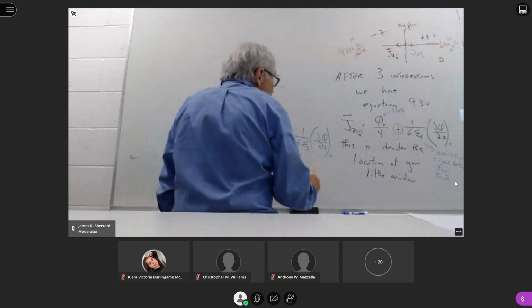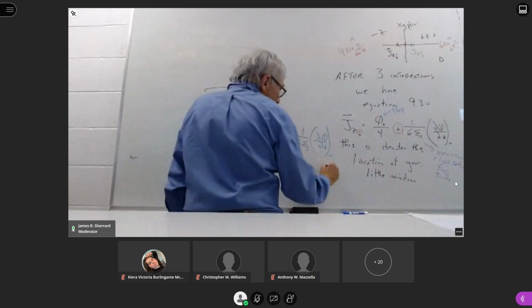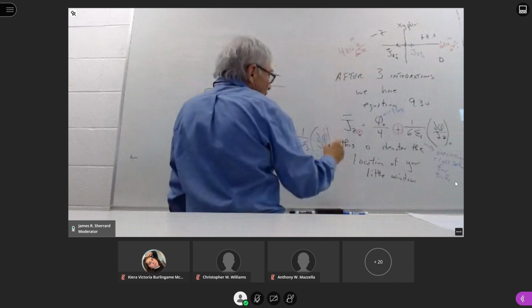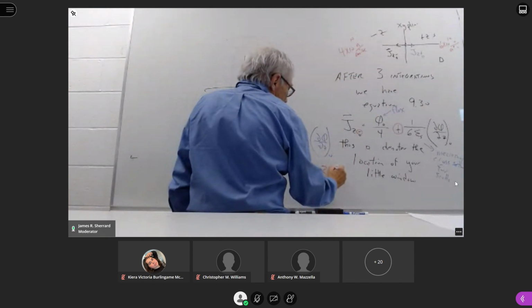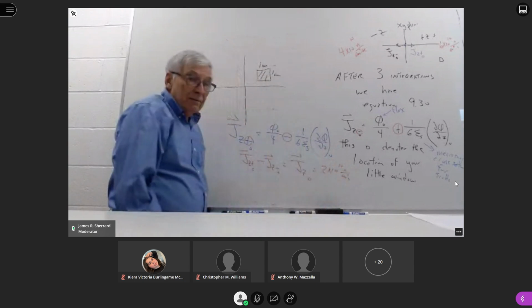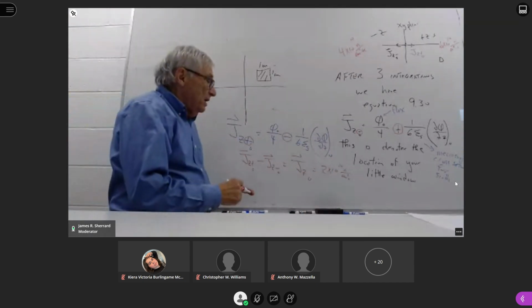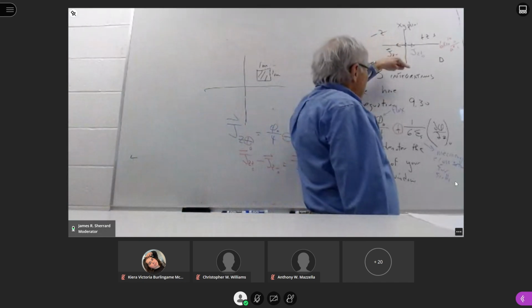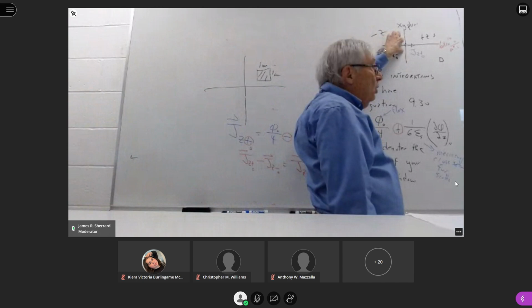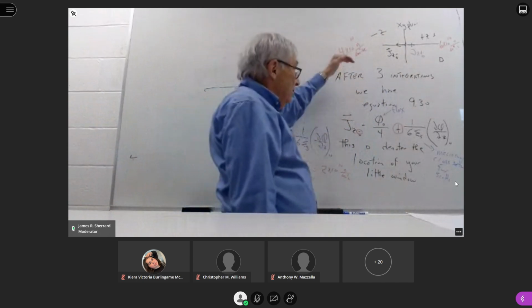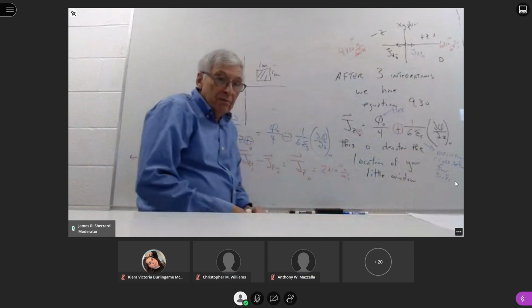When you looked at this, the difference is 6 minus 4, or 2 times 10 to the 10th neutrons per square centimeter per second. So that would mean your total leakage in the z direction going through this little window is plus 2 times 10 to the 10th going in that direction.